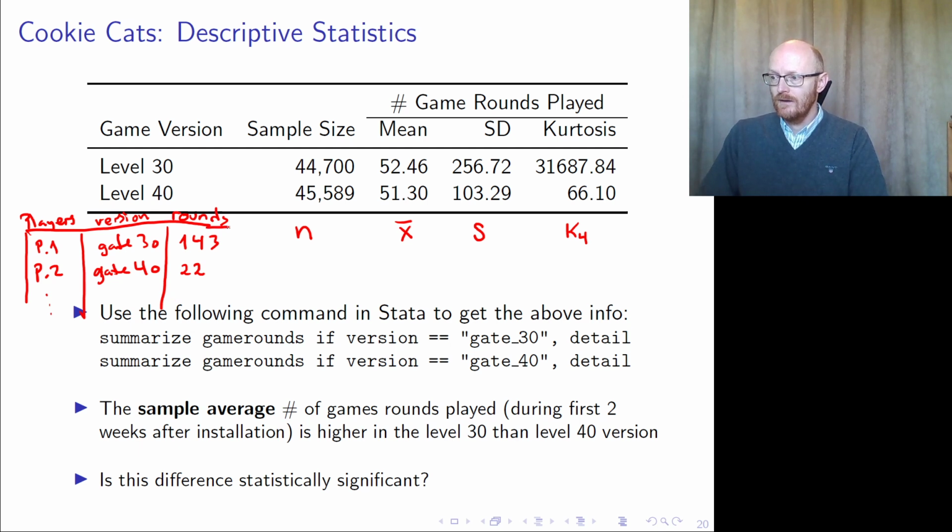And then the sample size is just to count everyone at gate 30 and every player at gate 40, or assigned to gate 40, and add up. The mean is the mean rounds.